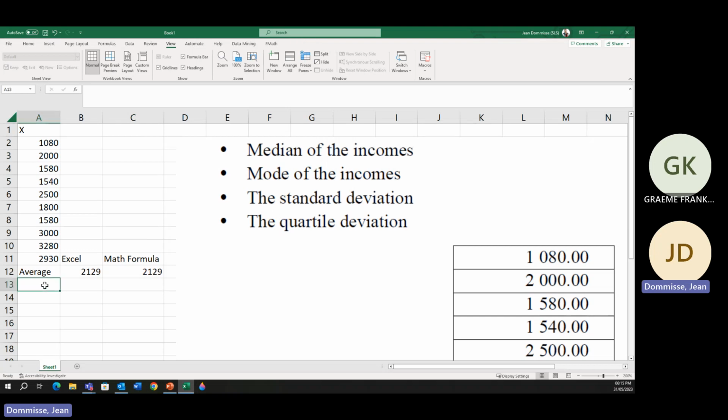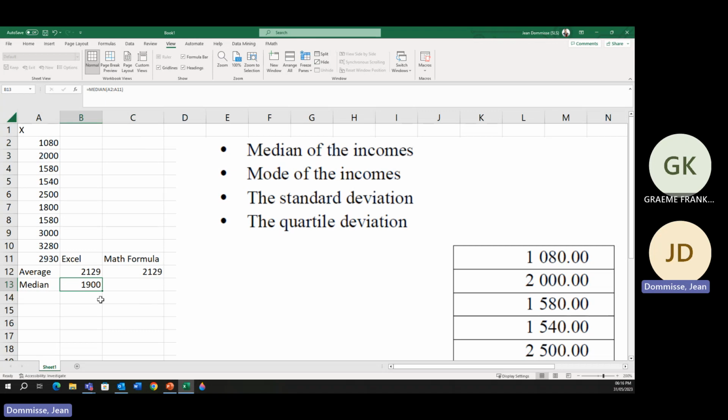So median is quite interesting. For me to do the median with this set of data, let me first use the Excel one. Excel will look at the data and find your median, which will be 1900.